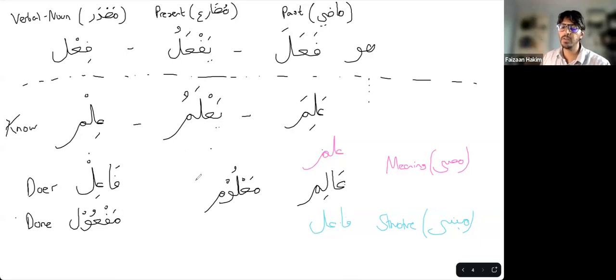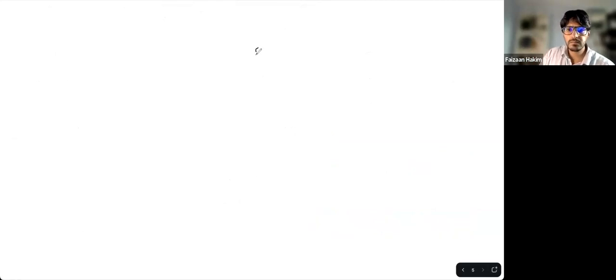You know what alim is and ma'lum is. For any verb I can give you, for example, fataha. Fataha means to open. Exercise, you can conjugate this. Form the fa'il and the maf'ul and tell me what they mean.